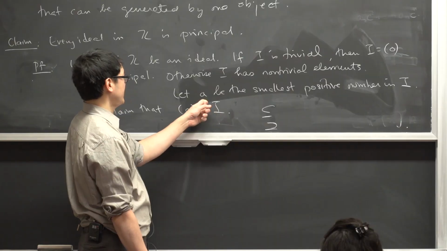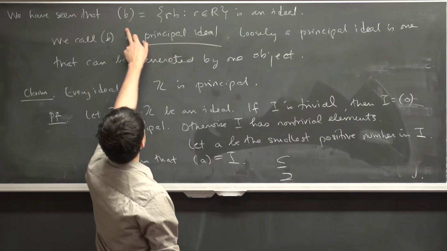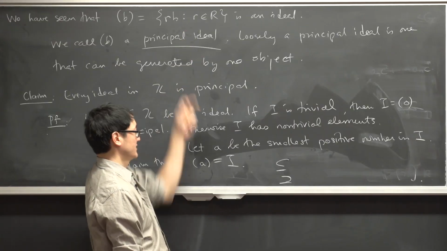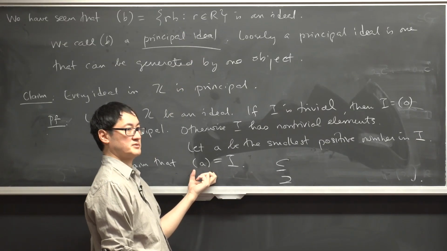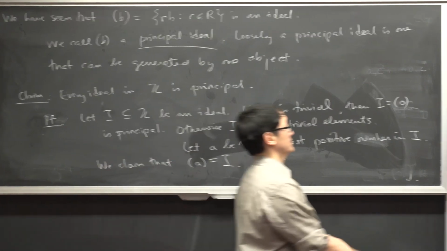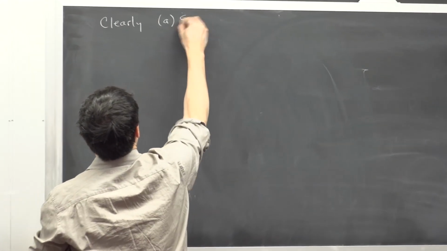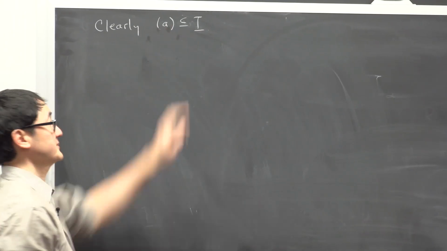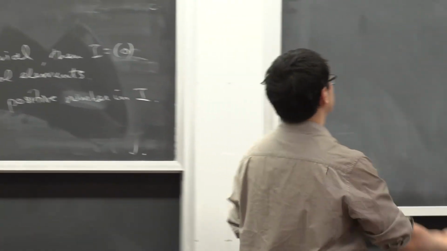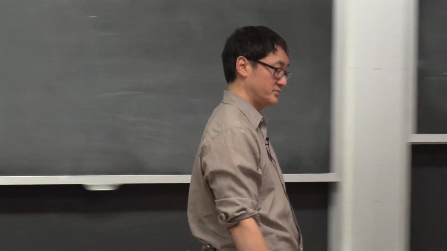Because I contains A. And A, this guy right here, is all possible products of A. But I is an ideal, so I sucks in all possible products of A. So therefore, as clear as day, this holds. Does everybody understand this? Right. Let's do the other direction real quick. Okay. Ugh, okay. So let's not do it so quick because time is up.